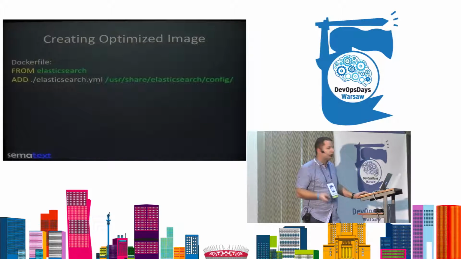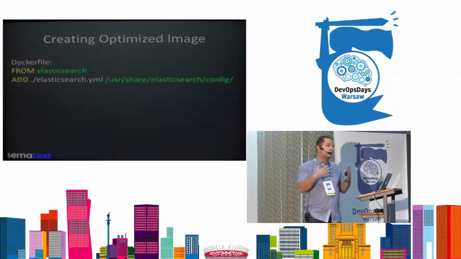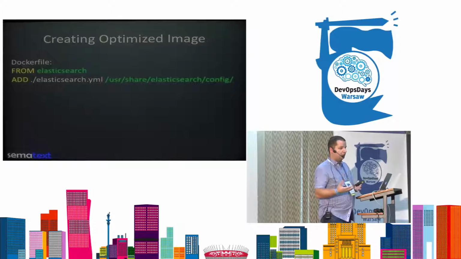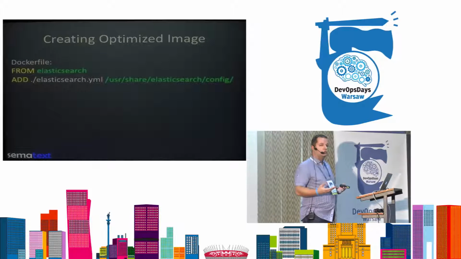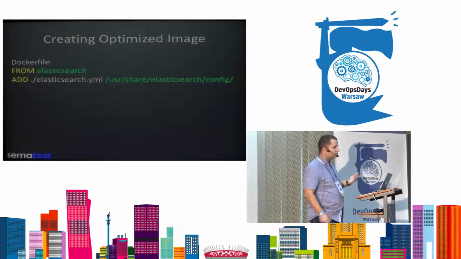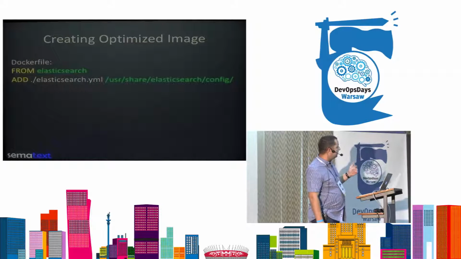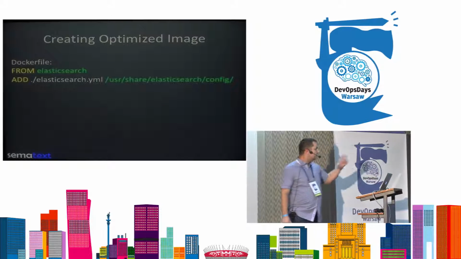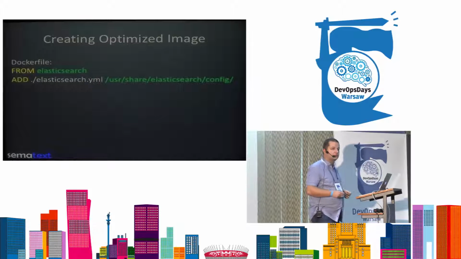But Docker also allows us to create our own images. For example, if we would like to have in our organization our own image of the container with our own configuration of Elasticsearch already tuned and prepared for us, we can just use the official image and create a file called Dockerfile and say FROM elasticsearch, which means from the image, take and add the elasticsearch.yml file and put it into the container into that particular /usr/share/elasticsearch/config directory.